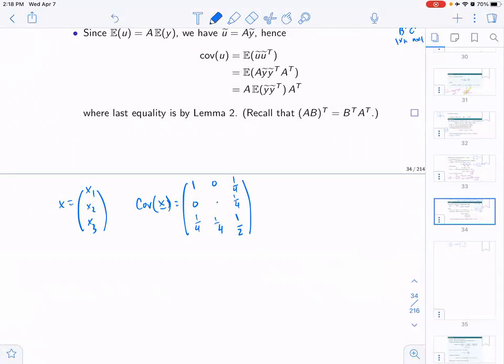Whether this is a valid covariance matrix, you have to verify. I'm going to talk about that shortly. But let's hope that this is a valid covariance matrix.